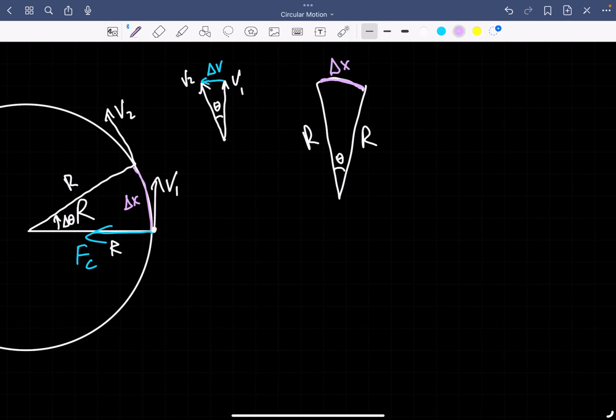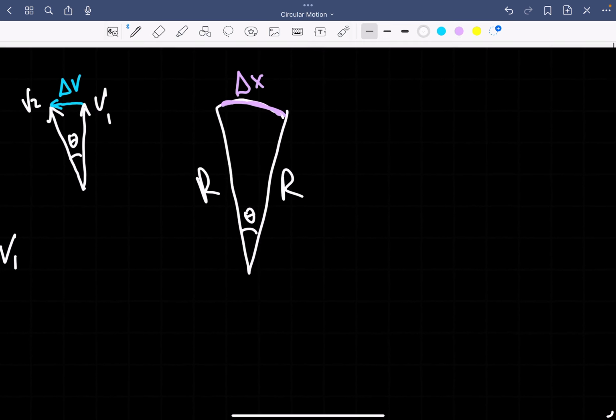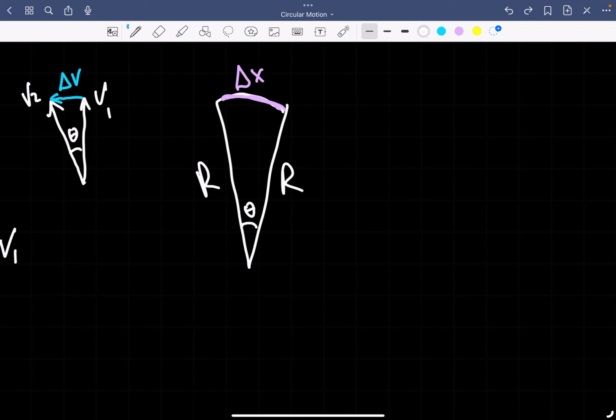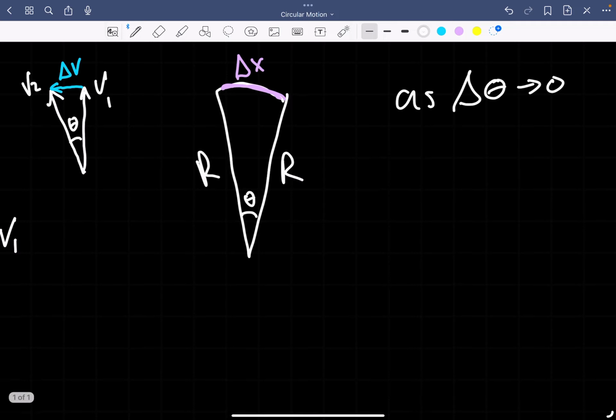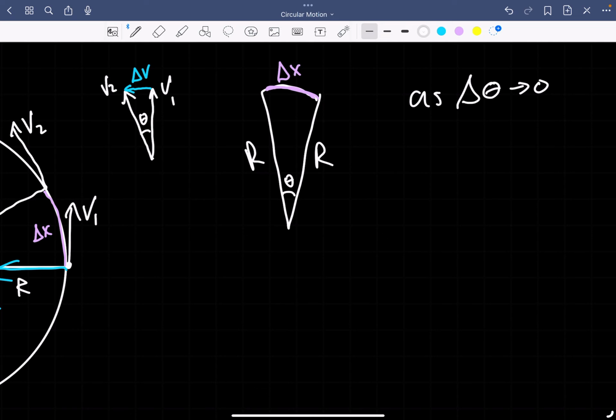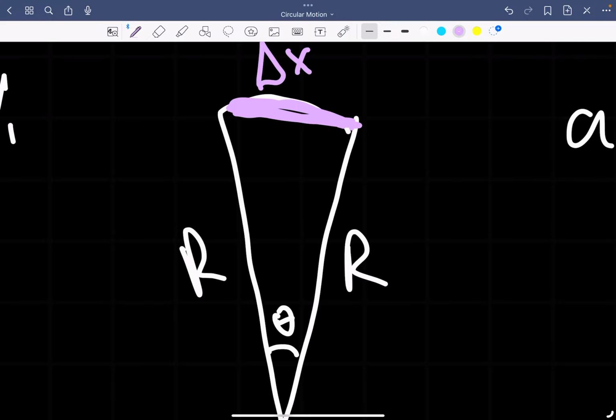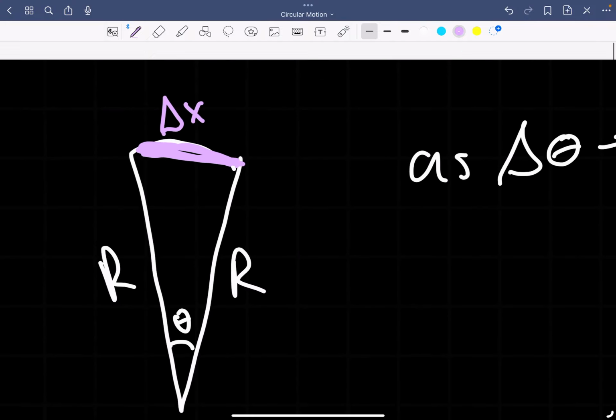Now, as time gets smaller, or as this angle approaches 0 and gets really small, this displacement roughly equals an isosceles triangle's base. So even though the displacement is an arc, as the angle gets smaller, the arc can be treated as a line.